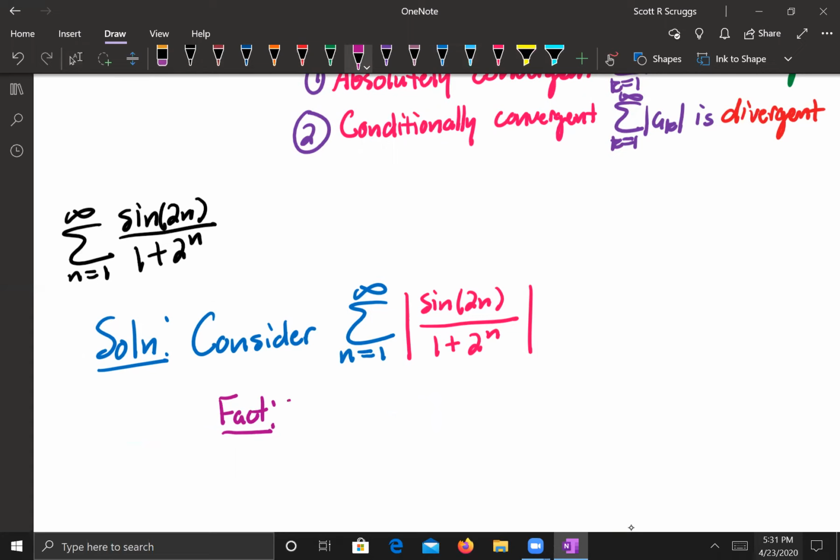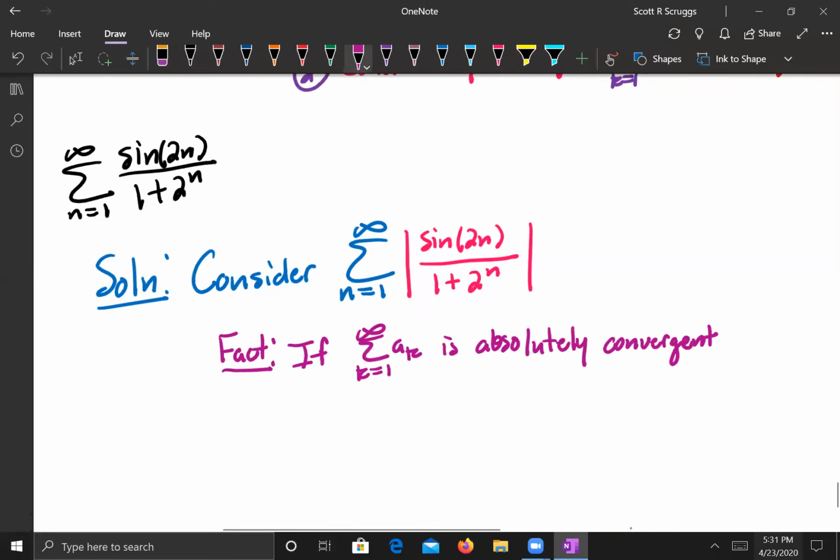And the fact is that if I know that a series is absolutely convergent, if I already know that by fact, if the series is absolutely convergent, then that implies the series overall is convergent.